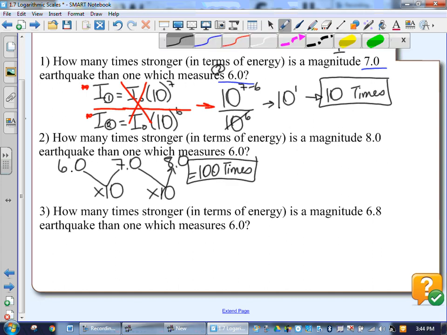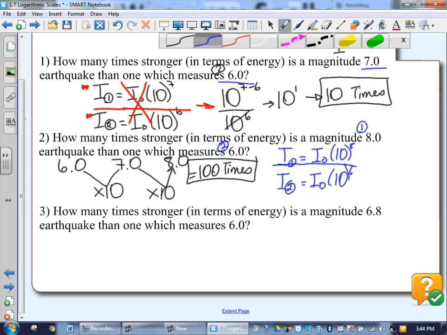To show this in our equation, if this magnitude 8 earthquake is the first one and the magnitude 6 is the second, the intensity of the first is equal to the reference intensity times 10 to the power of 8, divided by, because it's how many times stronger it is, the second intensity, which equals your reference times 10 to the power of 6.